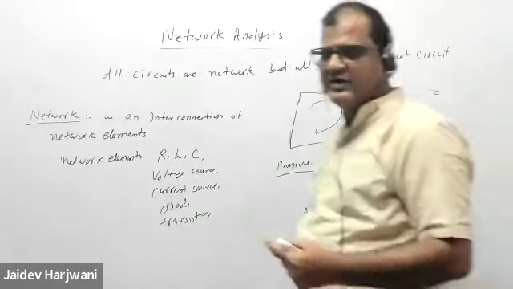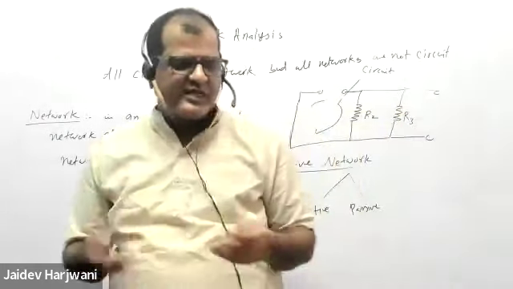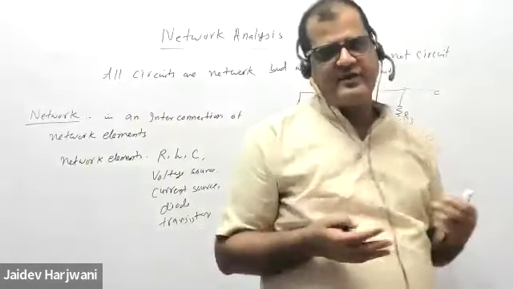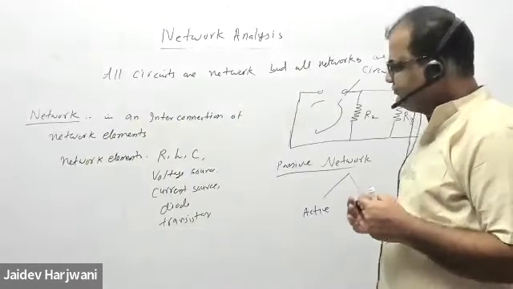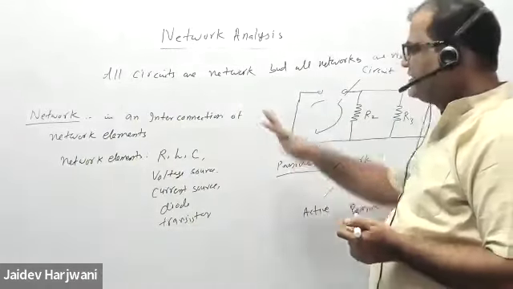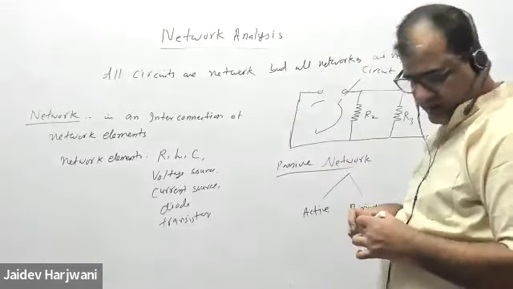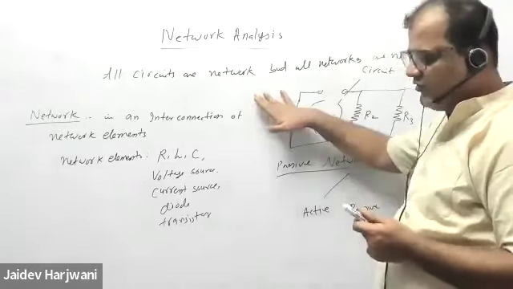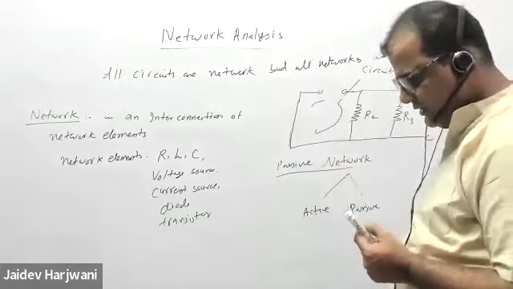You can say the network is a set and a circuit is a subset. It is a section or part of any network. That is the main difference between a circuit and a network. If it is clear to everyone, I can move further.